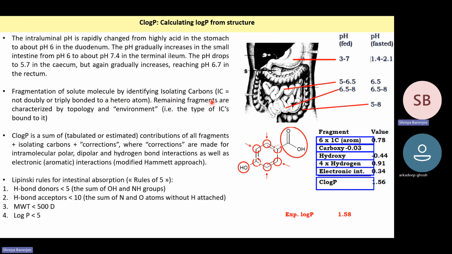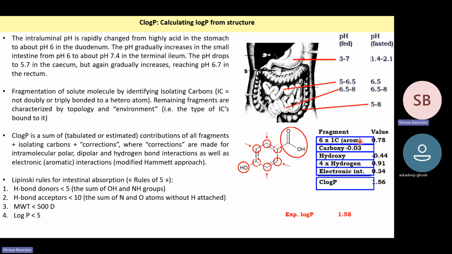And there are other fragments of the molecule, there is a carboxyl group, there is a hydroxy group OH, there are electronic interactions, hydrogen bonding interactions. All of these come together to form a term called clog P. Clog P is a sum of the contribution of the isolating carbons.